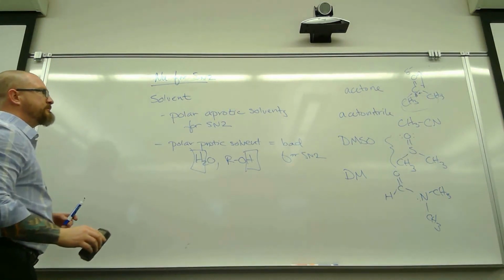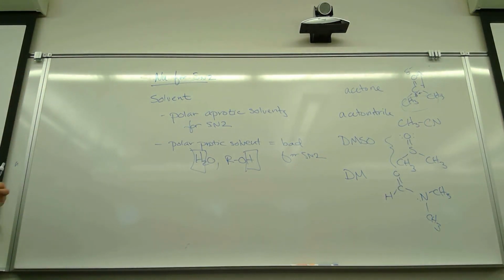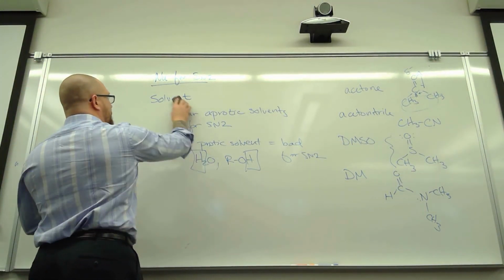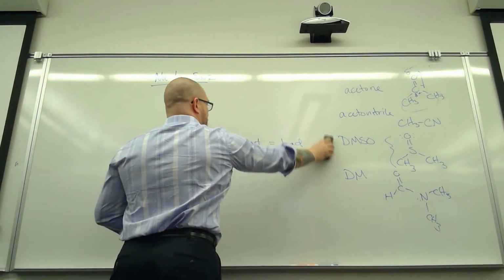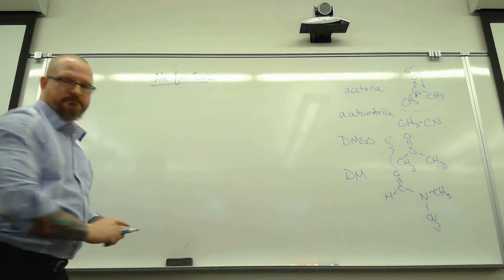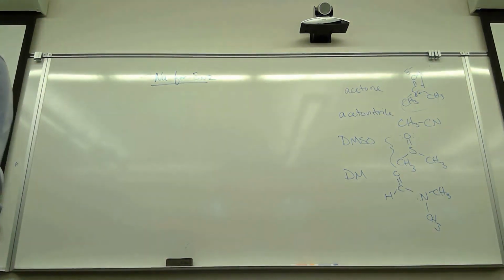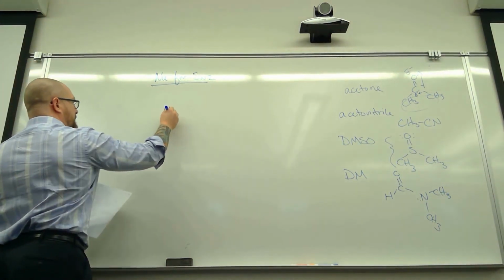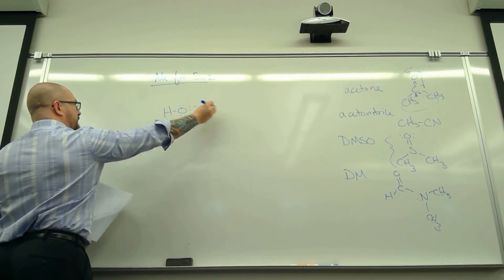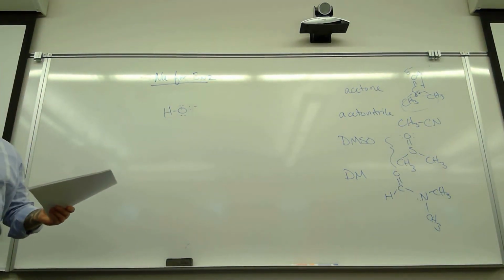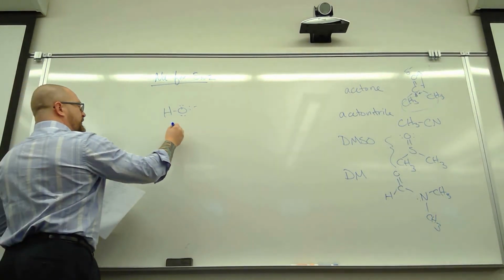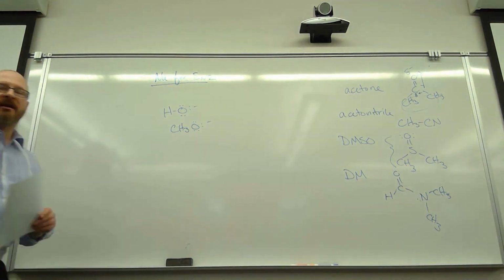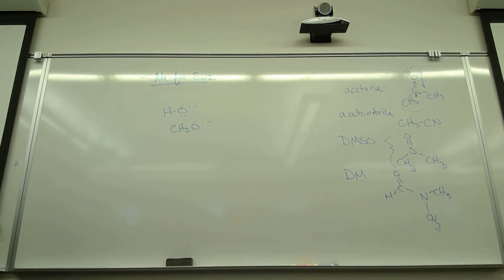So the last variable here is you need a nucleophile that doesn't have steric effects. Excuse me, not the solvent, a nucleophile. So we were using hydroxide as a nucleophile. Great nucleophile. You could also use any alkoxide, like methoxide, as an excellent nucleophile for an SN2 reaction.